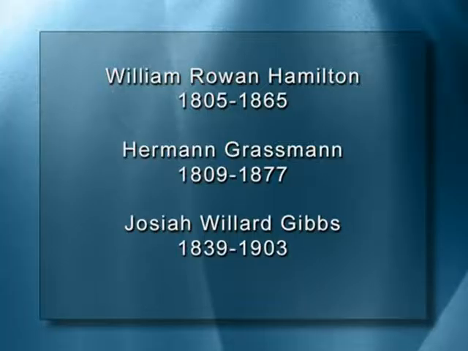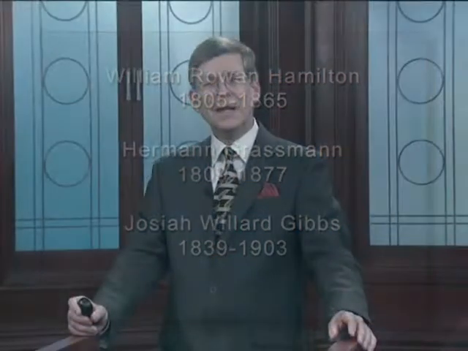Today, vectors play a role all over science, thanks in part to these three great mathematicians. Now, you can combine vectors, for instance, the sum of vectors or multiplying a vector by a real number. Let's do the definitions, and then I'll show you some examples.